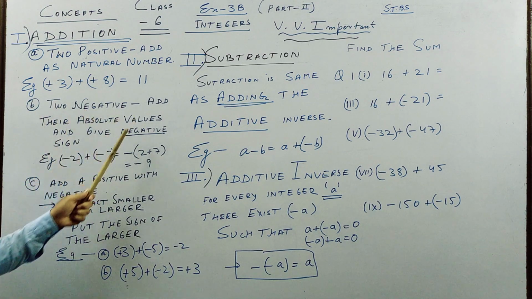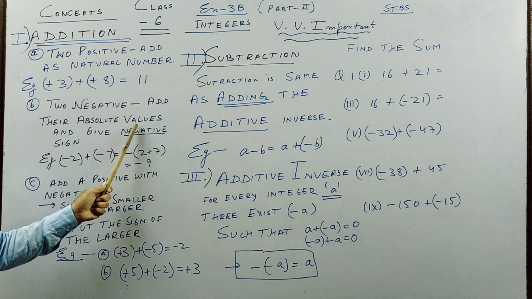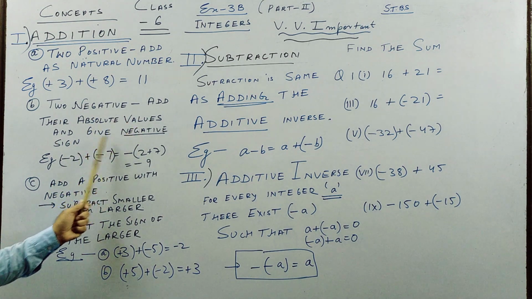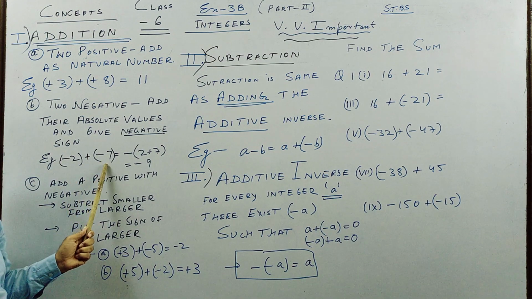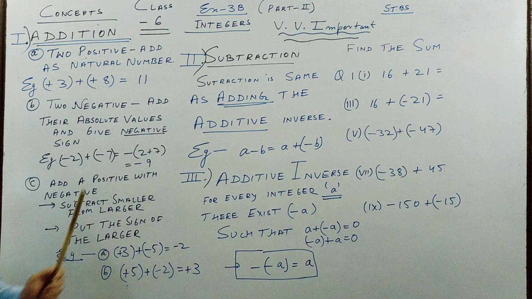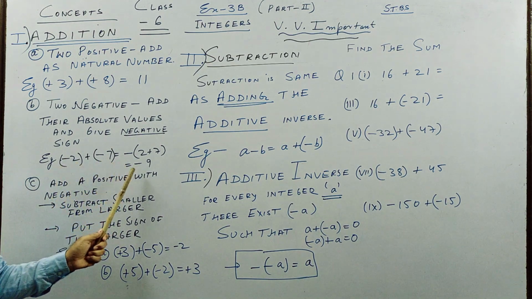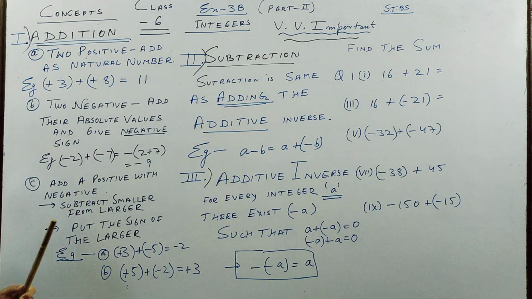Next, two negatives: if both of them are negative, add their absolute values and give a negative sign. So the absolute value of minus 2 is 2, minus 7 is 7. So add 2 and 7 and put the minus sign, because both of them are negative.